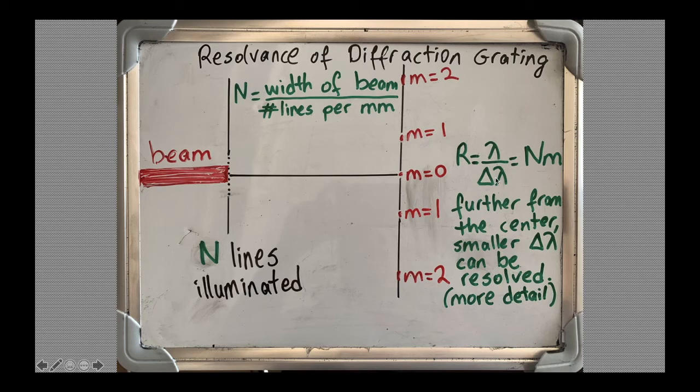And that means a smaller wavelength range can be resolved. So you can tell smaller, closer wavelengths apart. If the resolvance factor is small, you can't resolve close wavelengths very well. But if you have a resolvance factor that is very high, that means you can easily resolve closer wavelengths, which means you would have a more clear image.